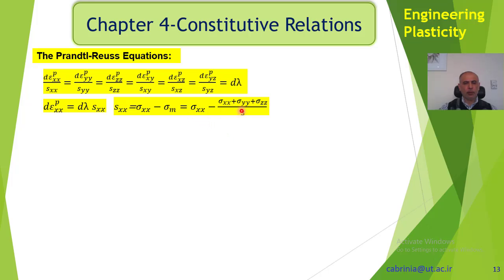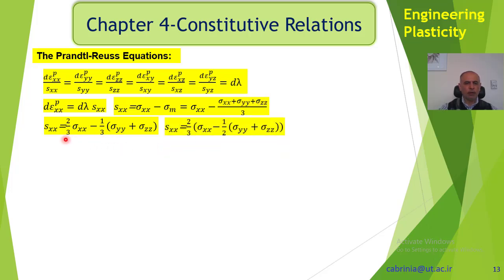So that's sigma xx minus that, and gives us 2/3 sigma xx minus 1/3 of sigma yy plus sigma zz, because we have here sigma xx minus 1/3, we get 2/3, and we have 1/3 of these two.